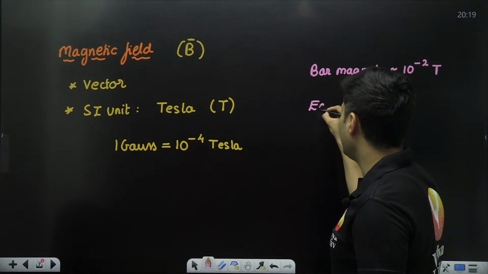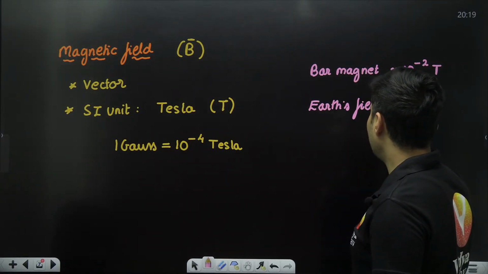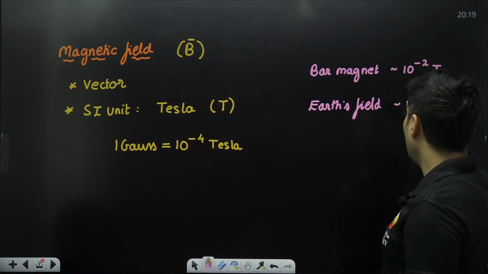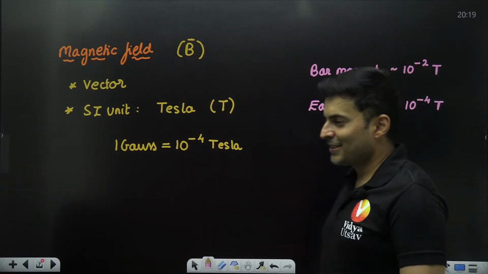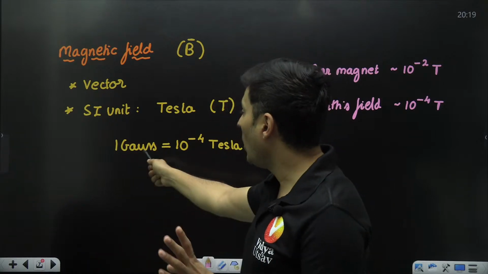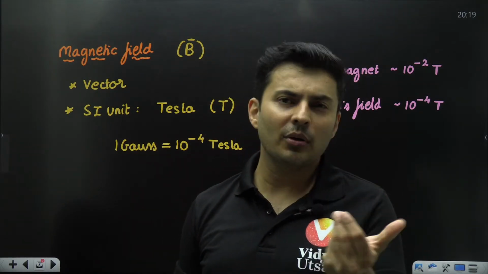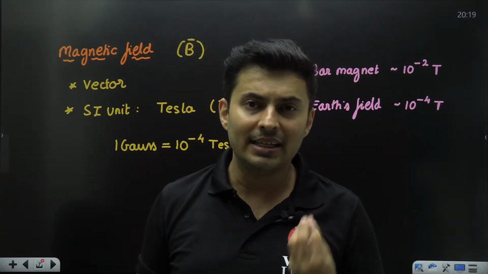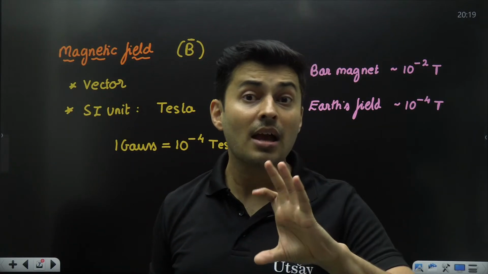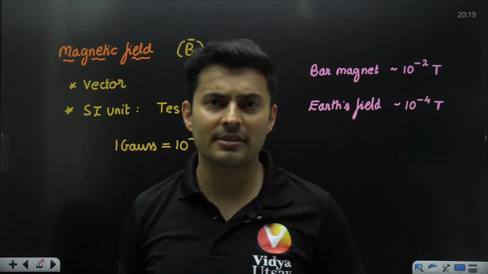The Earth's magnetic field is of the order of 10 to the power minus 4 Tesla. So Earth's magnetic field is in Gauss, that's where the unit comes from. It's usually measured in Gauss, but you can also measure it in 10 to the power minus 4 Tesla. So a bar magnet is 100 times stronger than the Earth's magnetic field. You can see the powers.